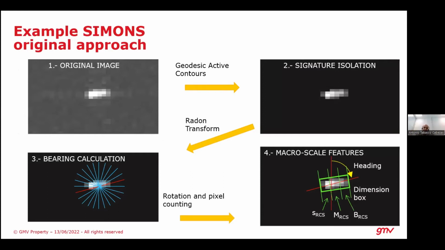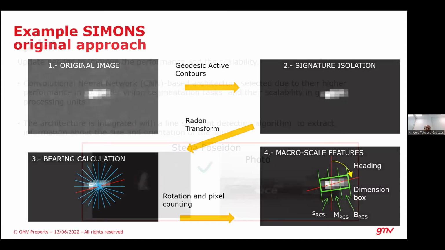I'm not going to enter into the description of how we do it, but it was quite complicated because for each ship we had to rotate it 360 degrees to match its signature with our signature database.